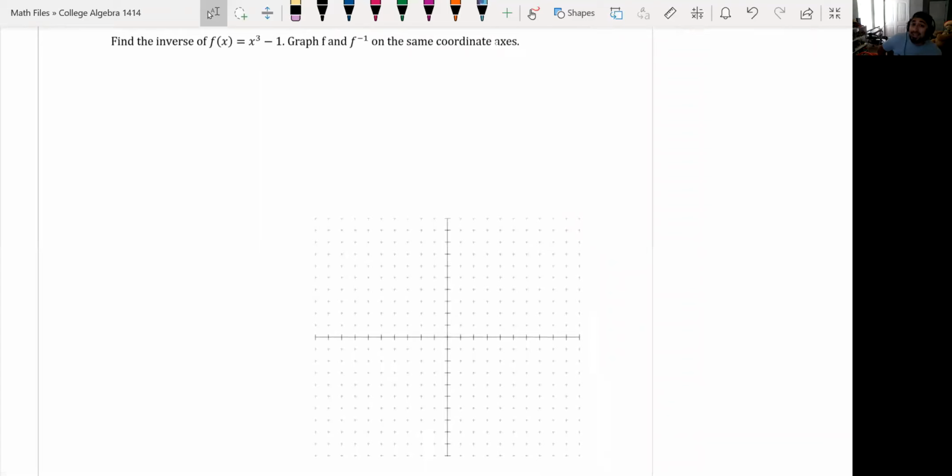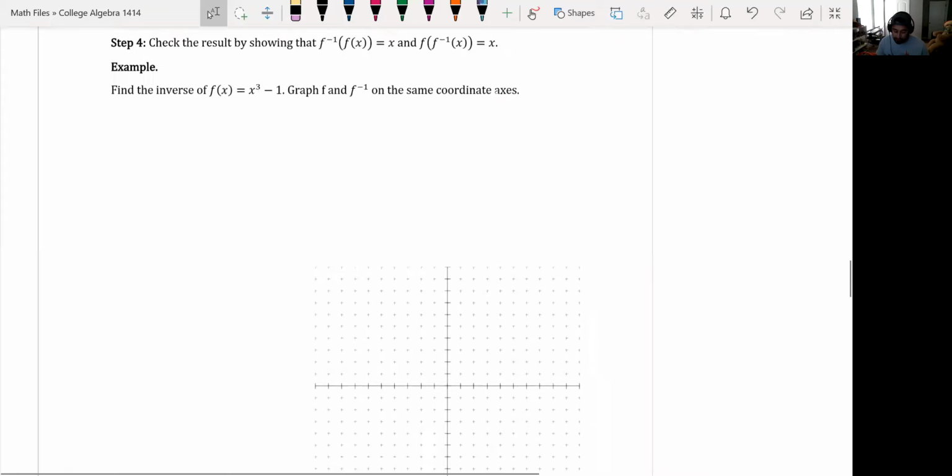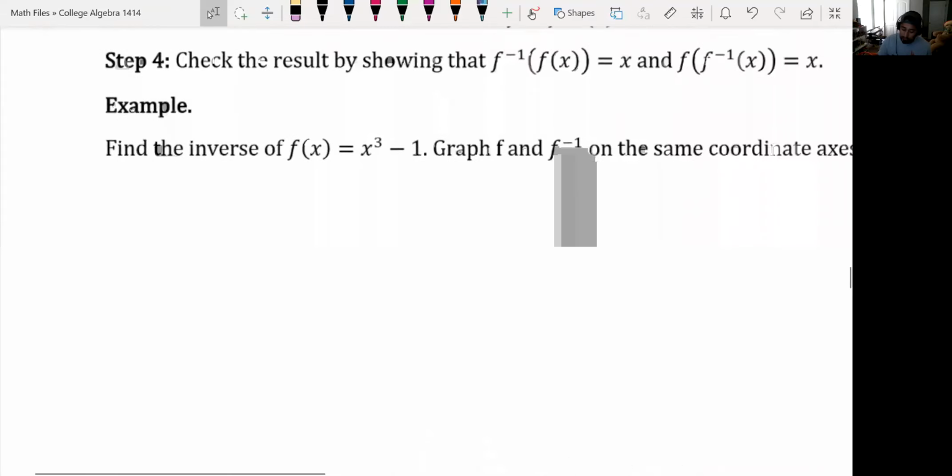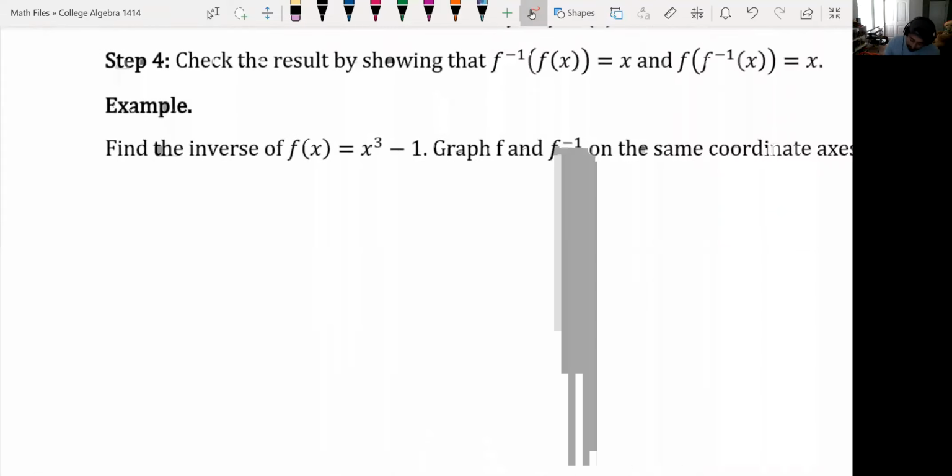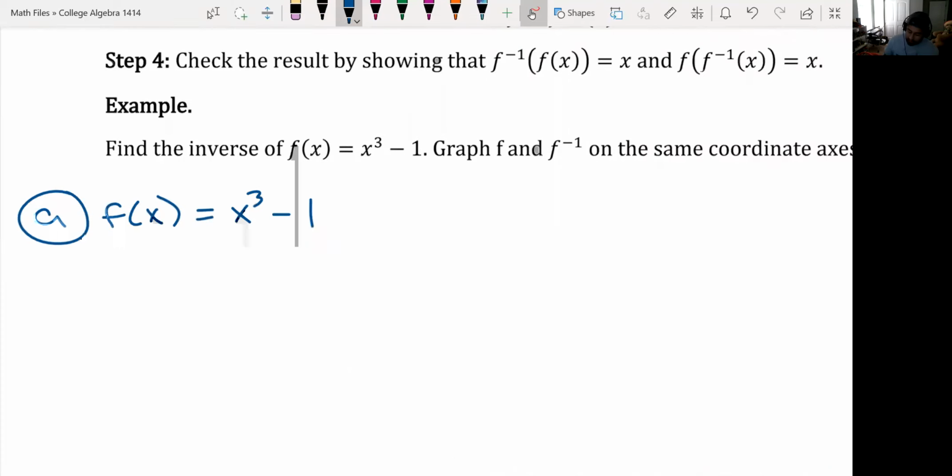This says find the inverse of the function x cubed minus 1, and then graph it. So what we want to do first is let's go ahead and graph the original function first. So let's graph x cubed minus 1. So that's what we'll start with. I'll say A. And we're going to graph it.